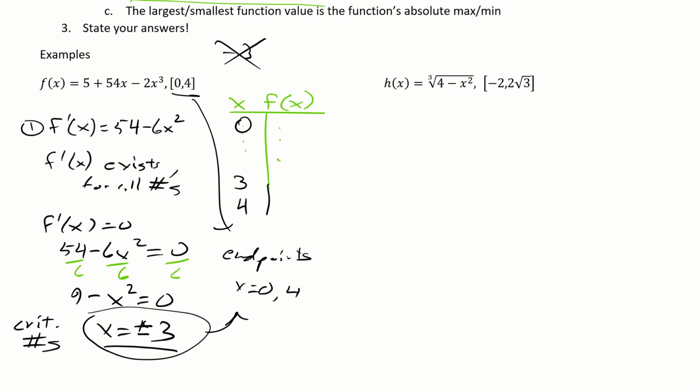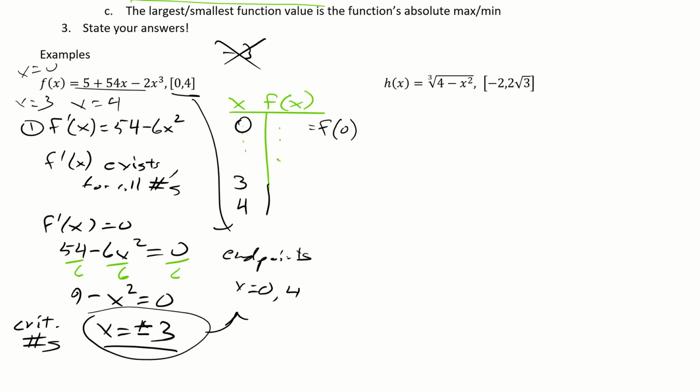And by check, what I mean is, the last step you do is you take your function and literally plug each number into it to see what you end up with. So I plug in x equals 0, then x equals 3, and then x equals 4, into the original function, not the derivative.